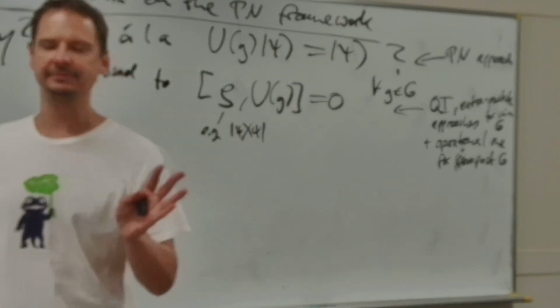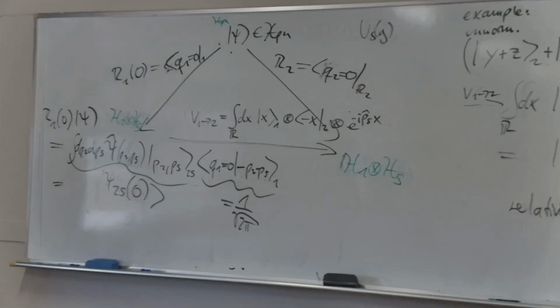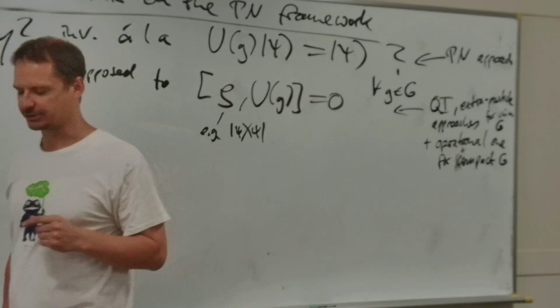It's the starting point of their approach. They do more sophisticated techniques of what kind of states I'm going to look at afterwards. But the story for compact G begins with this.